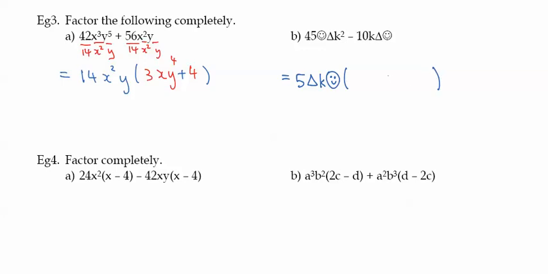Once we take out everything in common, we will still be getting a minus. And when we take out the 5 from 45, we are still getting a 9 here. We took out the happy face already. We took out the triangles already.